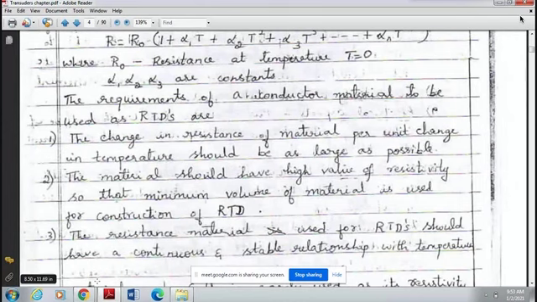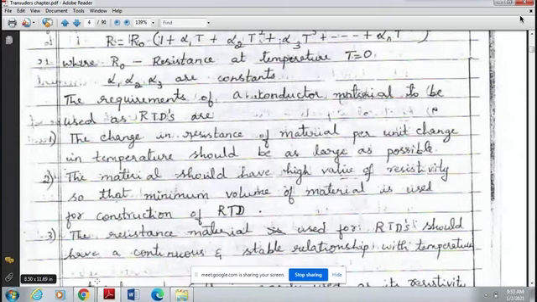So if there is some change in the temperature, there will be a change in the resistance of the conductor. Whenever this change in the resistance of the conductor occurs, we can say that there is some change in the temperature. In this way, this resistance temperature detector, a temperature transducer, detects the changes in the temperature. For that reason, this material should have a continuous and stable relationship with temperature.